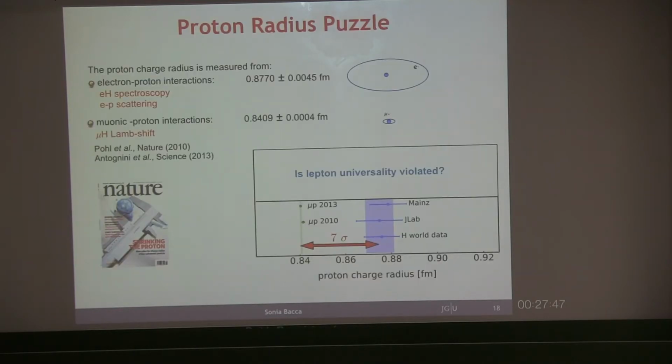I'm going to tell you the story of the proton radius puzzle, which you have probably heard of. It was in 2010 that the first experiment on the muonic hydrogen Lamb shift was performed. This is a spectroscopic experiment of an exotic atom where a proton is orbited by a muon instead of an electron.